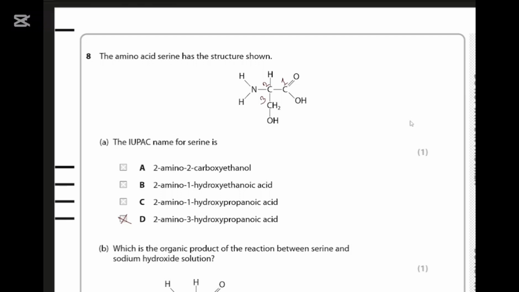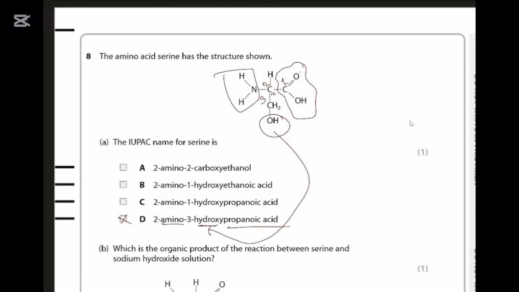Since number 2 carbon contains the amino group, 2-amino. Number 3 carbon contains the hydroxy group, so 2-amino, 3-hydroxy, and since there are 3 carbons in the chain, it will be propanoic acid. Since this is the carboxylic acid group, the propanoic acid term, hydroxy comes from this, and amino because of the NH2.